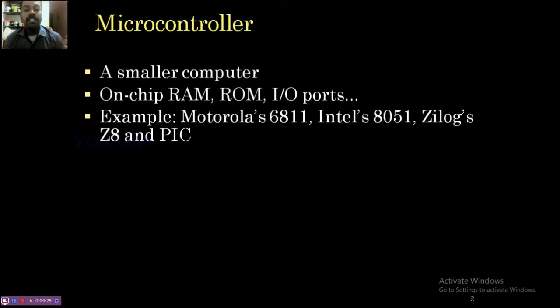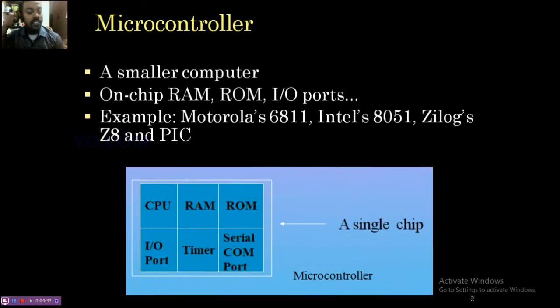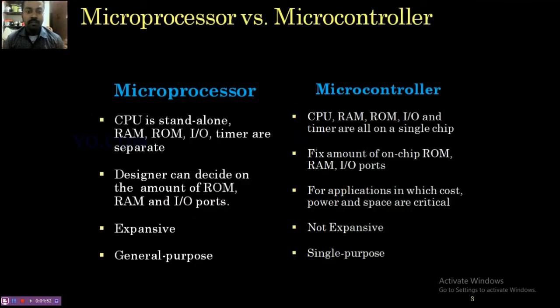These are the different microcontroller manufacturers, manufacturing different microcontrollers. This is a symbolic diagram of a microcontroller. The microcontroller consists of CPU, RAM, ROM, IO port, timer, serial port, COM port. All are in a single chip, that is called a microcontroller.